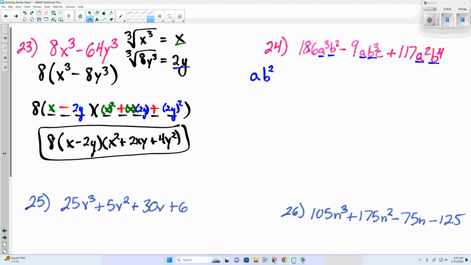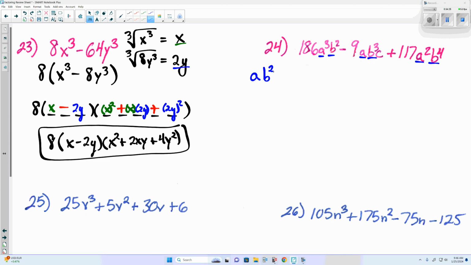B squared is the most we can take out because that's the smallest exponent attached to B out of the three. First one doesn't have C, second one does, third one doesn't, so we can't remove C. Now 186, 9, and 117, well, the only factors of 9 are 1, 3, and 9, so 3 and 9 are the main ones we would look at.